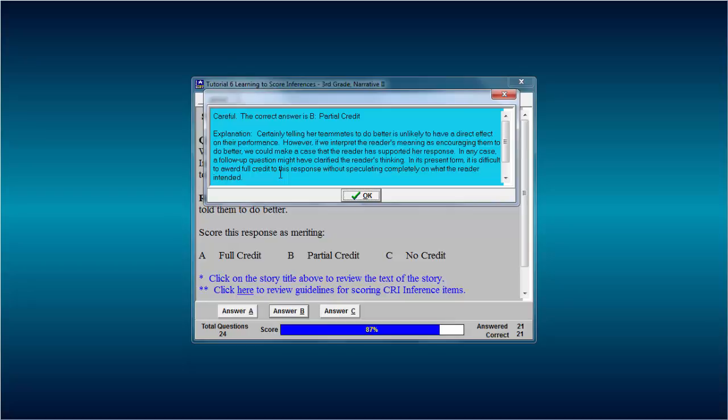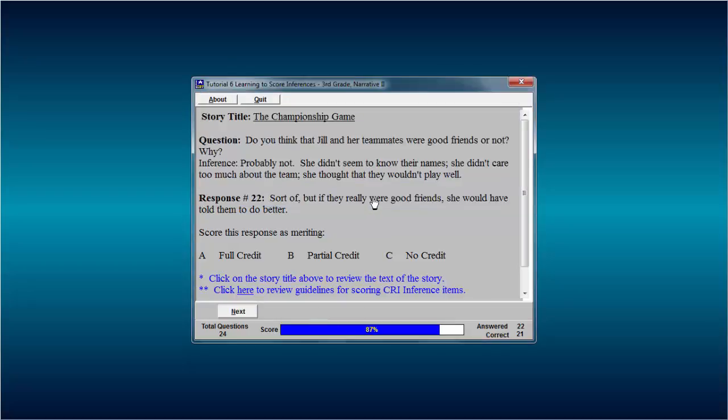Certainly, telling her teammates to do better is unlikely to have a direct effect on their performance. However, if we interpret the reader's meaning as encouraging them to do better, we could make a case that the reader has supported her response. But in any case, a follow-up question might have clarified the student's thinking. And so here a student's getting partial credit when there's a good chance he or she could have had full credit. That takes us now to 23.